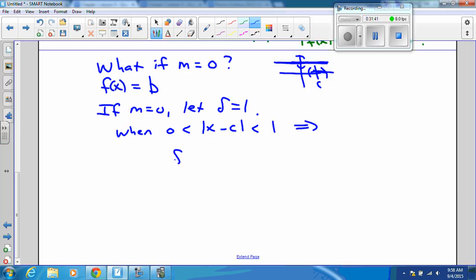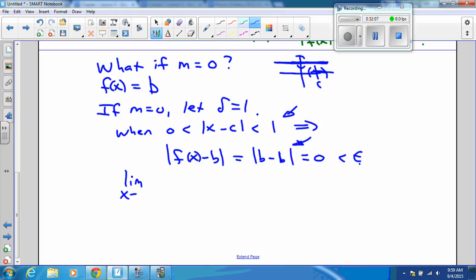If m is equal to 0, let delta equal 1. Then, when |x minus c| is less than 1, then |f(x) minus b| is equal to |b minus b|, because f(x) is a constant function, which is equal to 0, and we already know that epsilon is greater than 0.